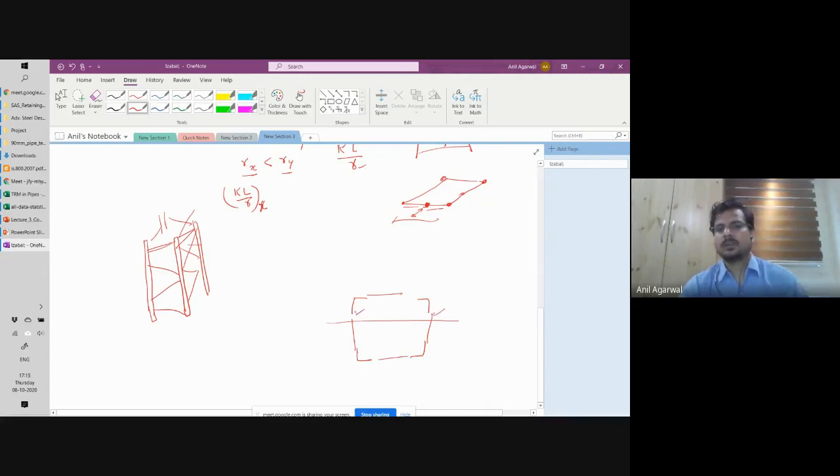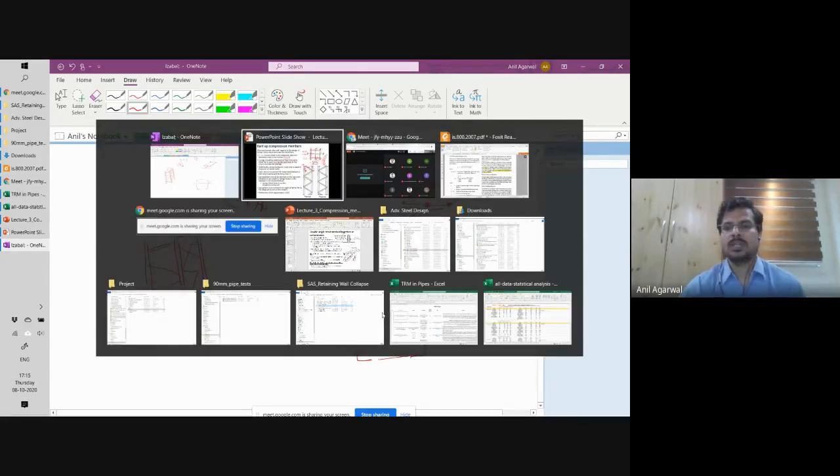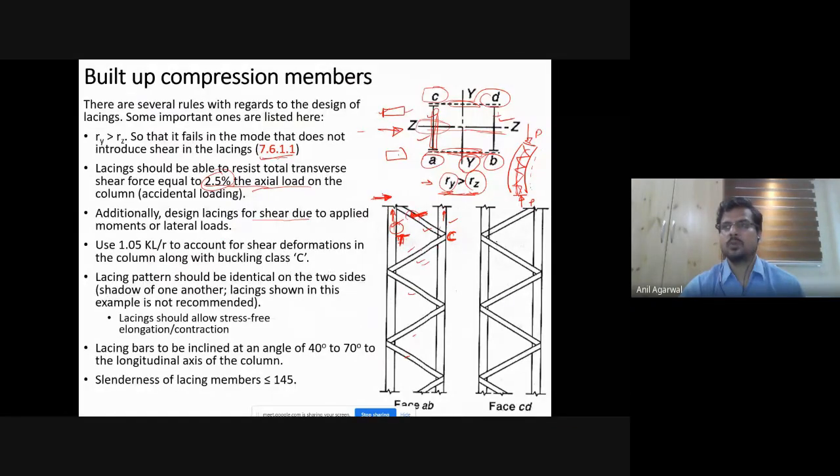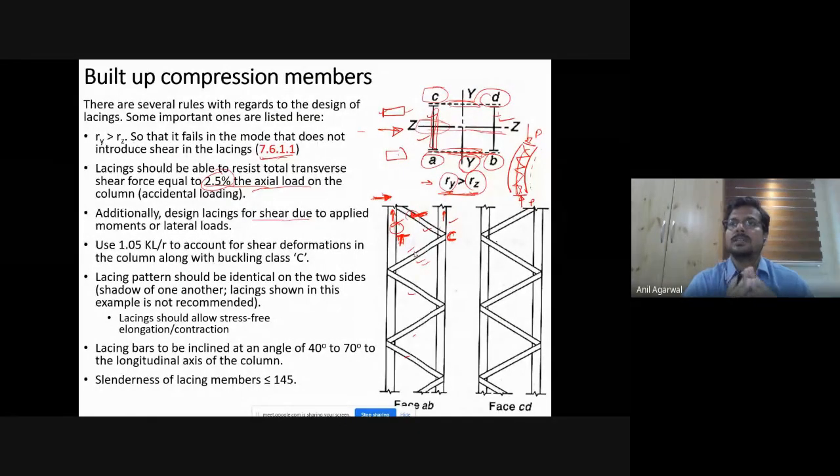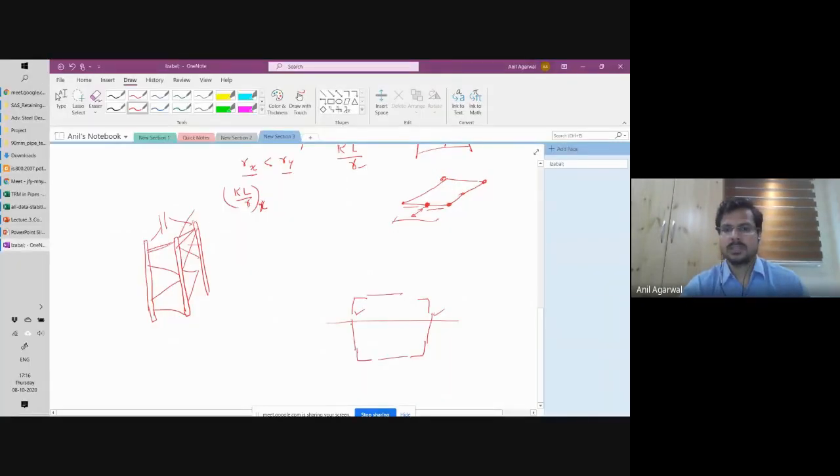So then for that one, because the lacings are weak in shear, basically when something is weak in shear, we do not satisfy the requirement of plane sections remaining plane. That means if you consider this neutral axis, if this is the neutral axis in this situation, and these are the 4 angles that we had.